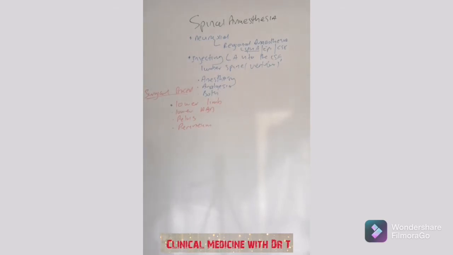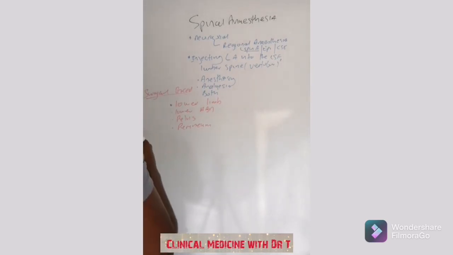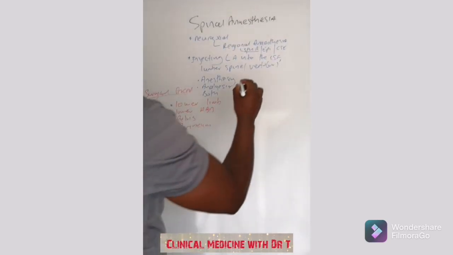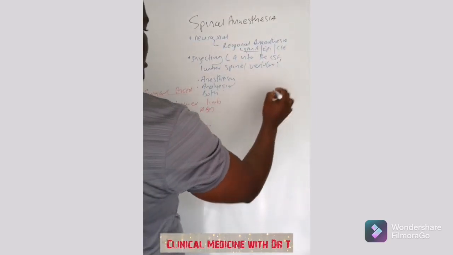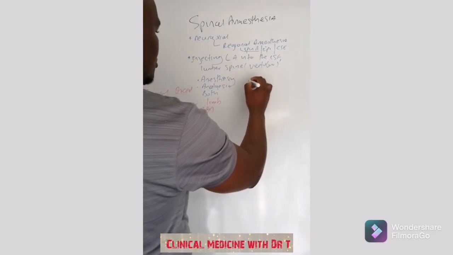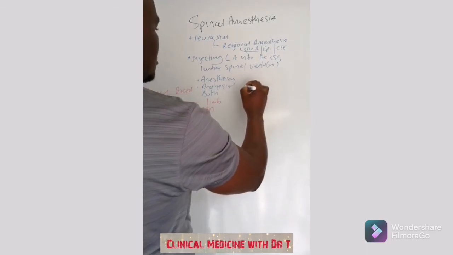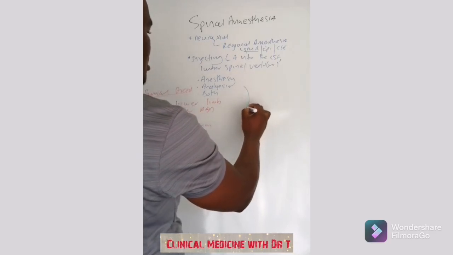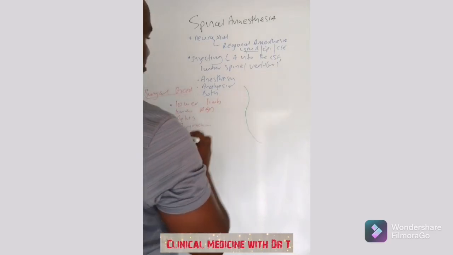So now let's talk about the spine. We all know that the vertebral column is like this. Do I still remember how to draw it? The thorax is like this, and you have your lumbar like that, and you have your coccyx.